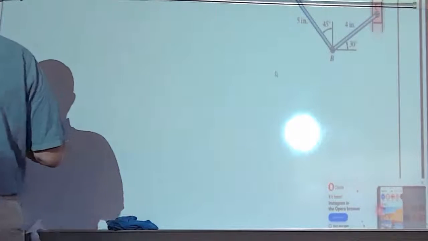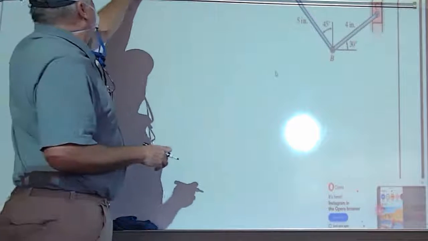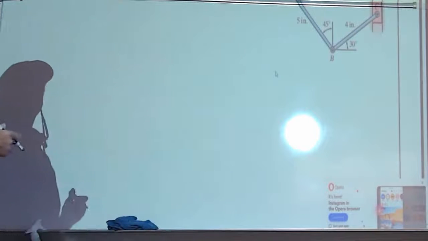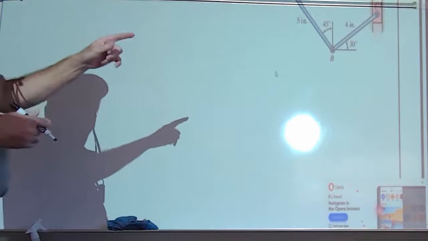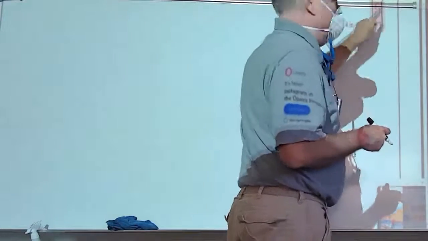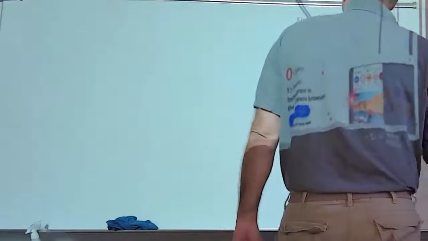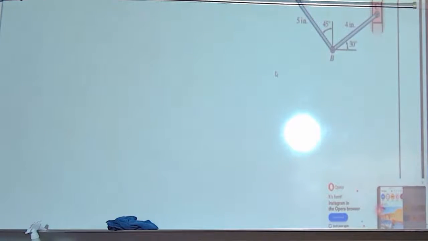It says, determine the angular velocity of link AB at the instant shown if the block C is moving upwards at 12 inches per second. And everything looks like it's in inches. So I guess that's probably okay.